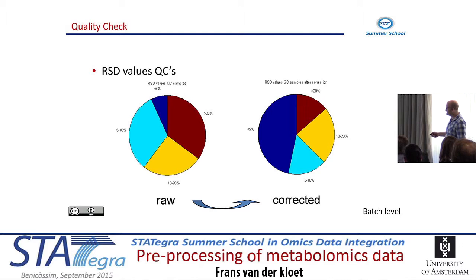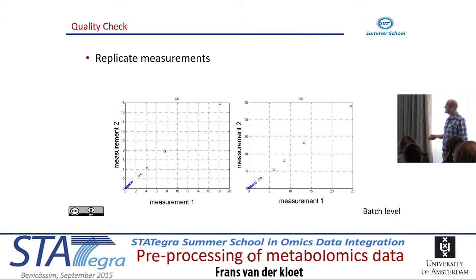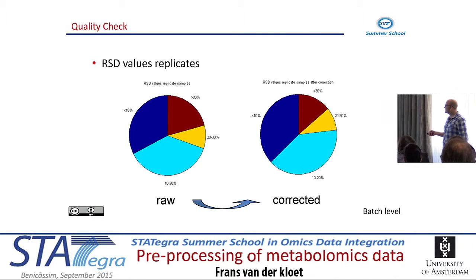This is before and this is after. You can see the smaller variance between the samples, but of course, this is what is expected. We can also do that with replicates, and I would also see an improvement here. In this case the improvement is a bit smaller than expected, but it is getting better. This is a real, nice external validation of my quality control check, in this case my quality control correction.